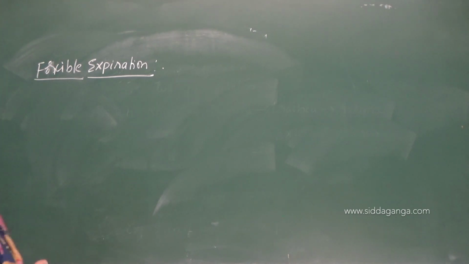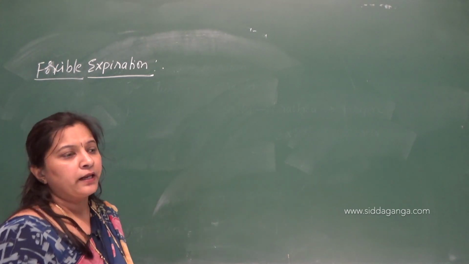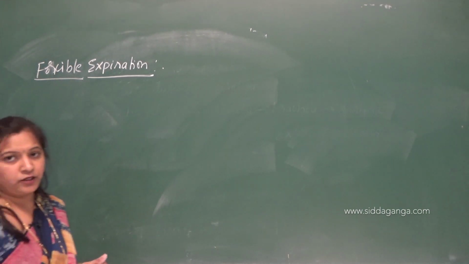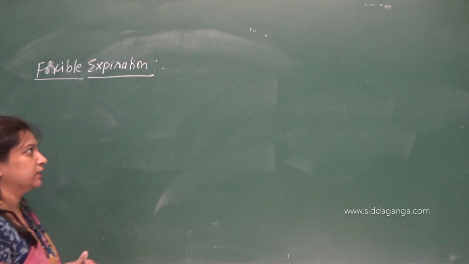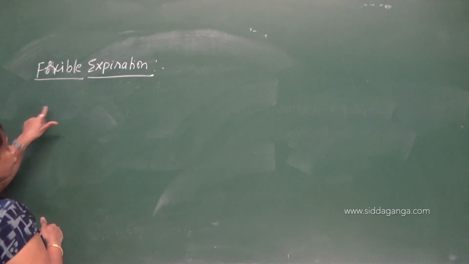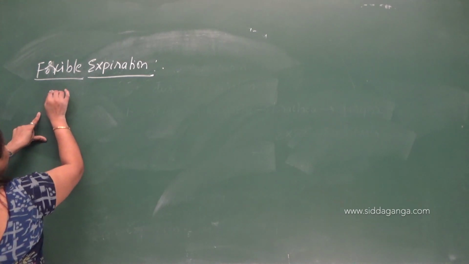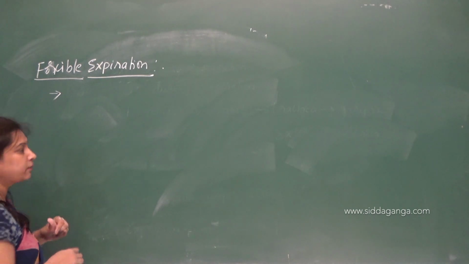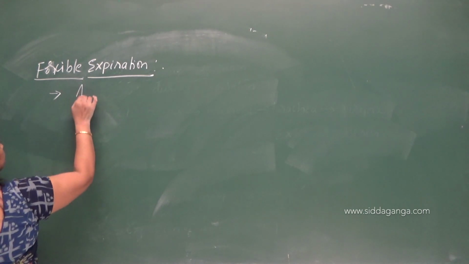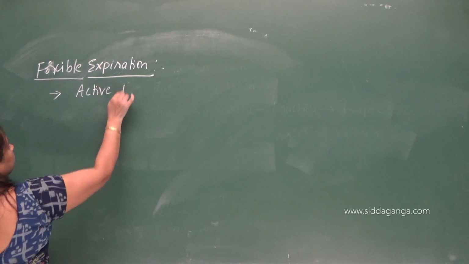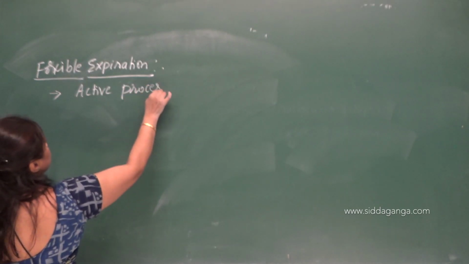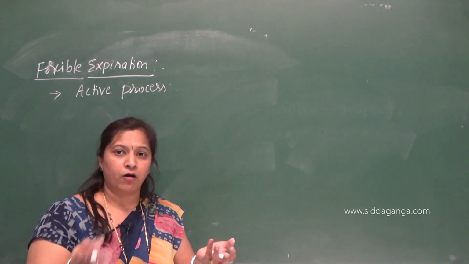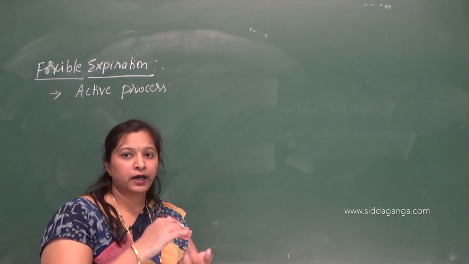Unlike normal expiration, forcible expiration occurs because of muscles other than the external intercostal muscles and phrenic muscles. Let us see which muscles are involved in forcible expiration. Before that, tell me, is forcible expiration an active process or a passive process? Again, it is an active process. Why is it called an active process? Because forcible expiration also occurs because of the contraction of muscles that utilizes energy.